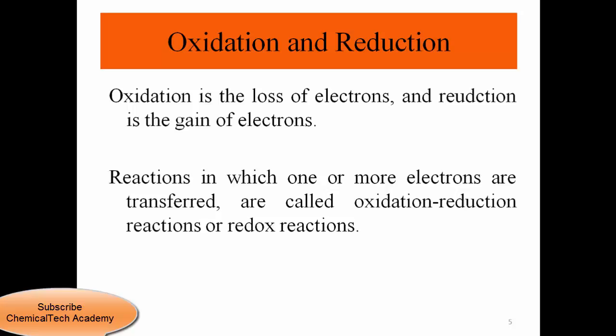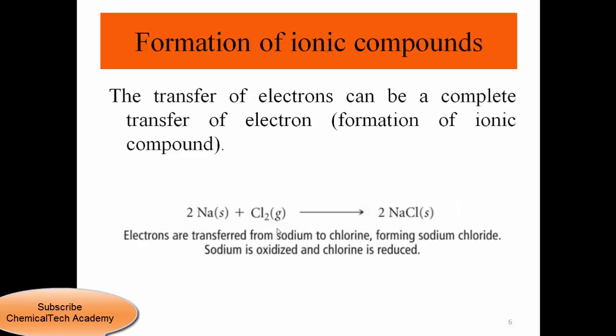So when one of the substances gains one or more than one electrons, we can say we have reduction, or that substance is reduced. So reactions in which one or more electrons are transferred are called oxidation reduction reactions or redox reactions.